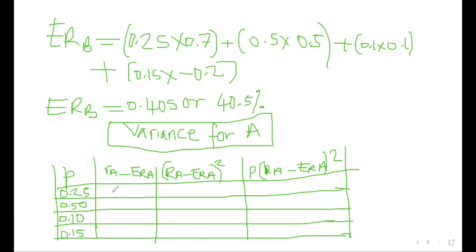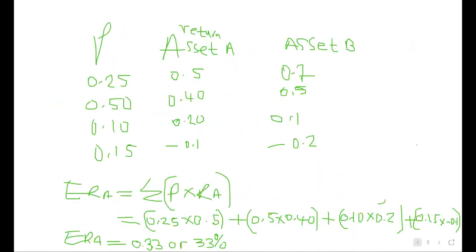So return A is 0.5 minus 0.33, where 0.33 is what we found for A's expected return.